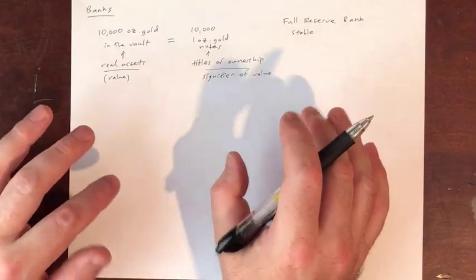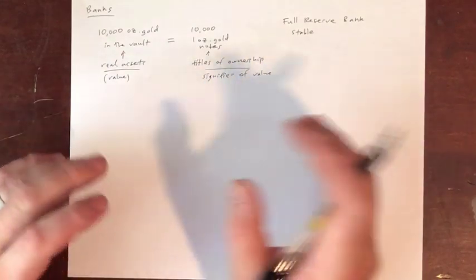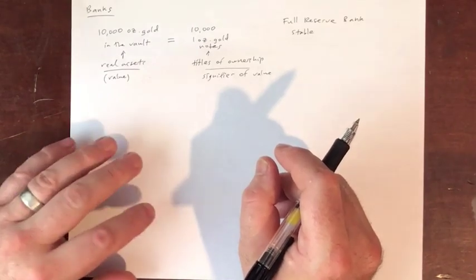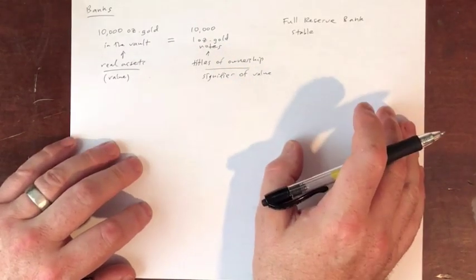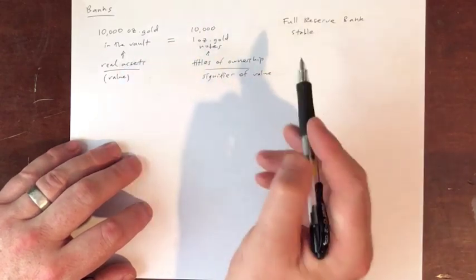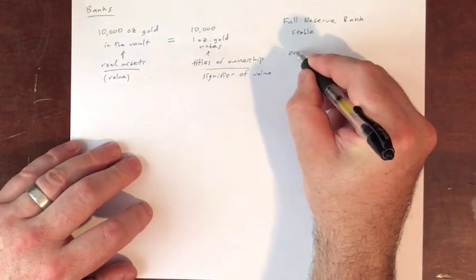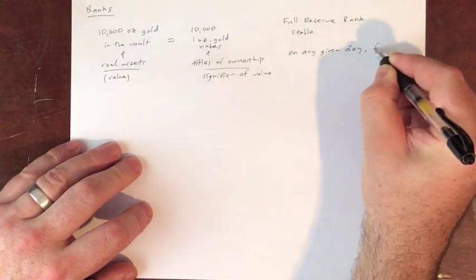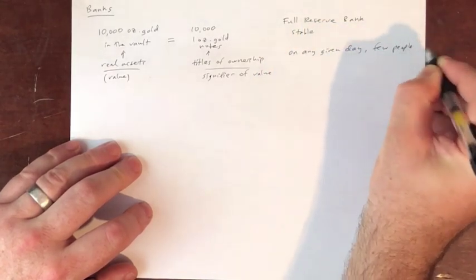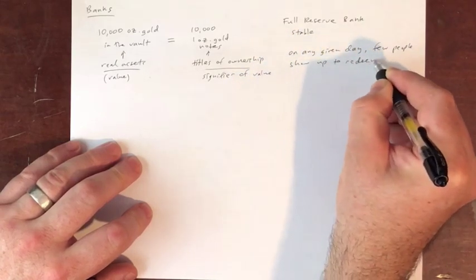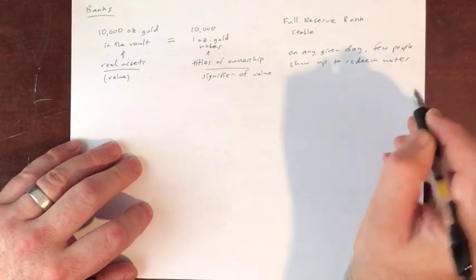Okay, but slowly, what began to happen, we don't know exactly what the first bank that did this was. What banks find out is that there is a relatively slow demand on any given day. On any given day, few people show up to redeem their notes, right?